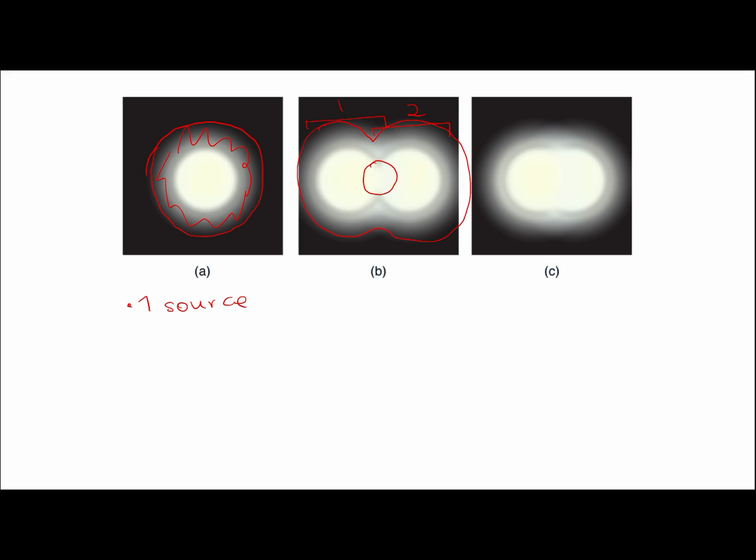But now, what if they get closer together? Then we get C. In C, we cannot tell them apart. We have the same diffraction pattern as the other two, but since they're closer, we have no good detail or resolution. So it just looks like one body of light.